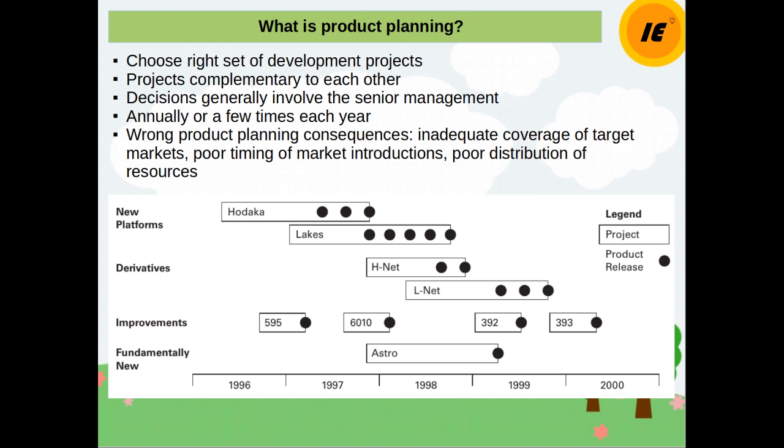For example, here they are talking about Astro, although I don't exactly know what that instrument does, but I'm just trying to give you a view here. The project is there, and the black dots are actually product releases, and the rectangles are the projects.